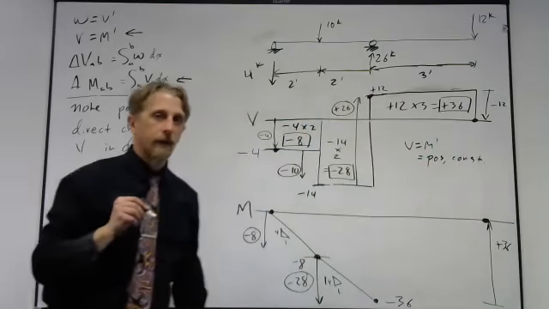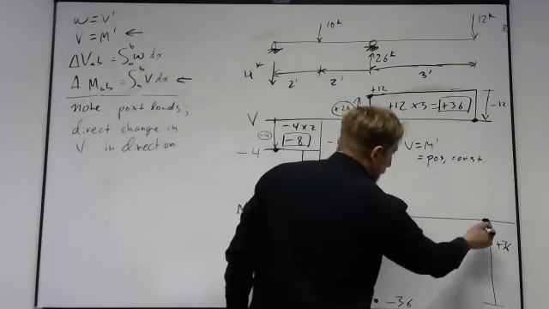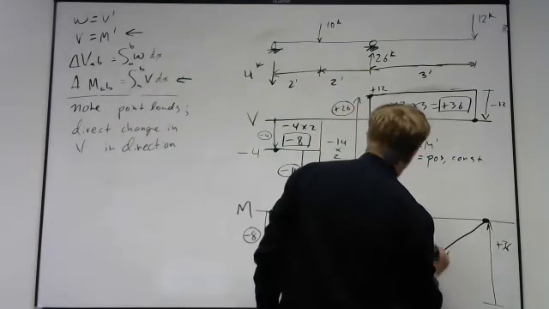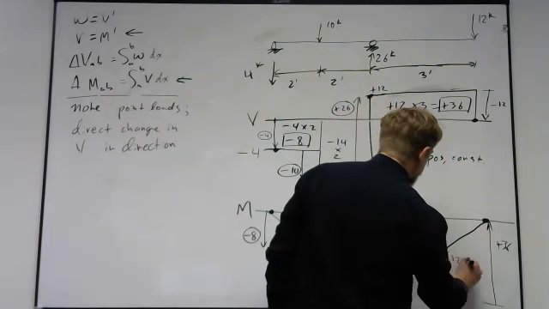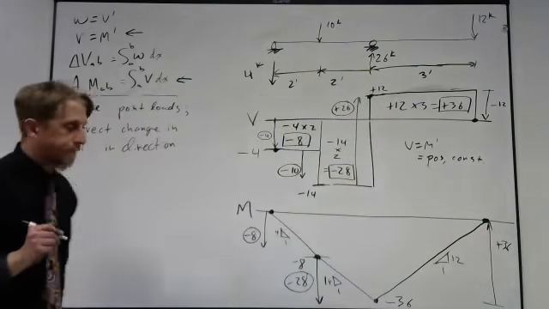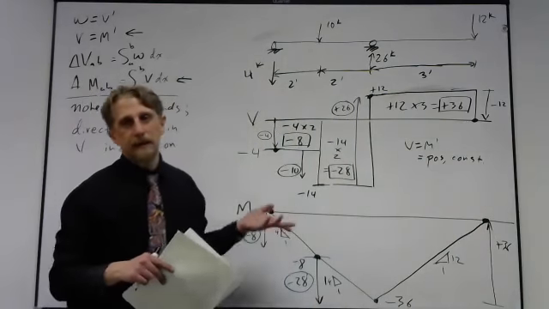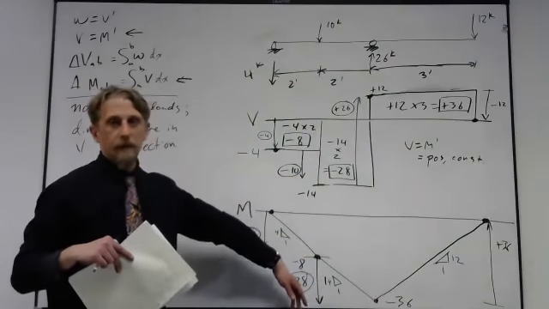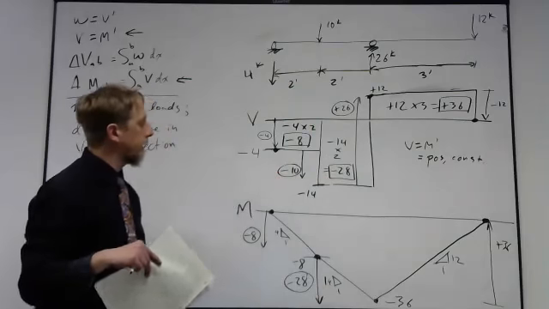Therefore, it's a straight line going up. Slope of M is a positive constant, straight line going up. And just to hammer it home, my slope is the value of V, which is 12. So I actually know the slopes of these diagrams. Okay, so here I have the bending moment diagram and the shear diagram without doing anything.